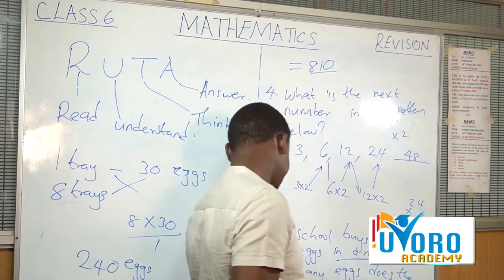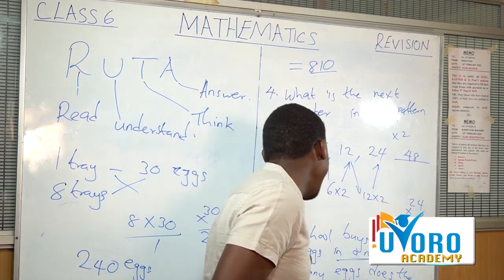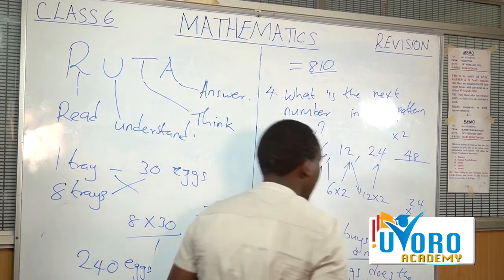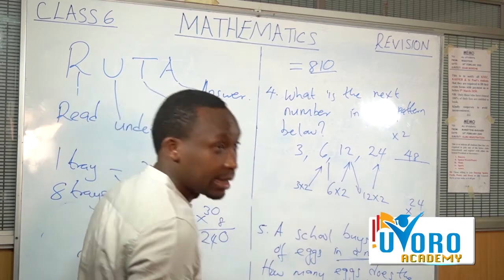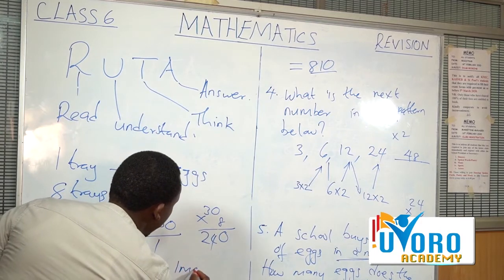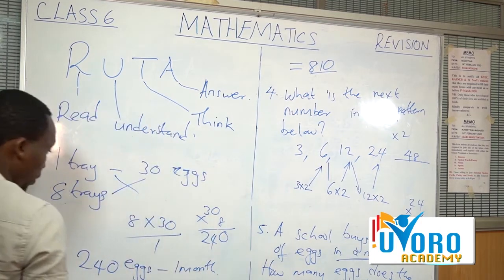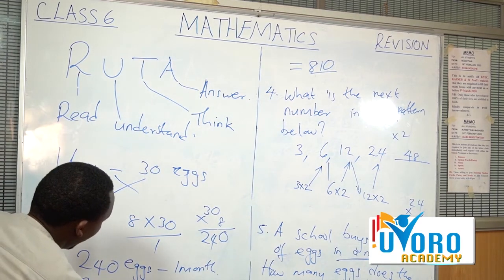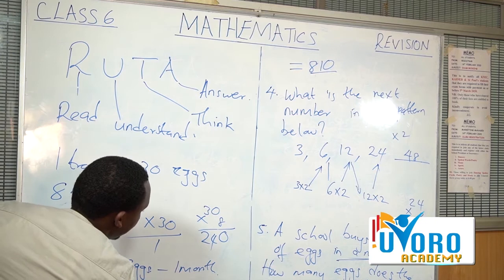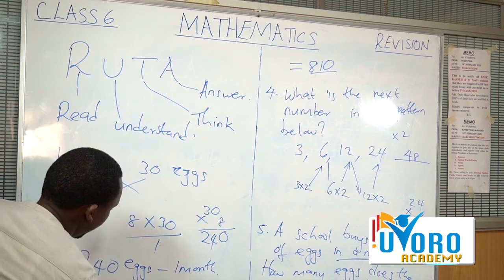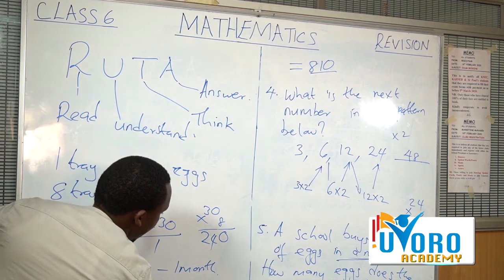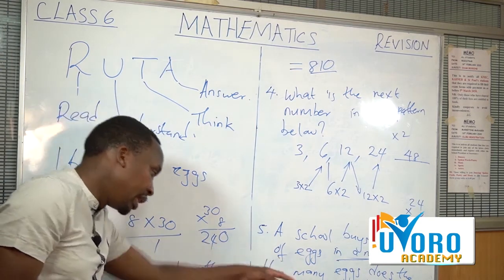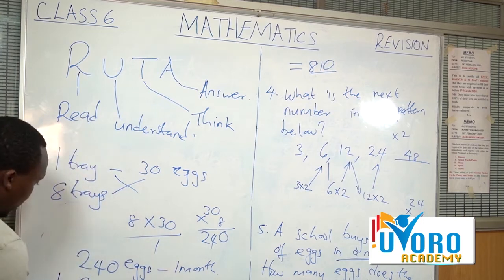Now, we are asked, how many eggs does the school buy in 3 months? This is for 1 month. For 3 months, you want another 240 for the other month. How many months do we have? 1, 2, 3. So what are we supposed to do?